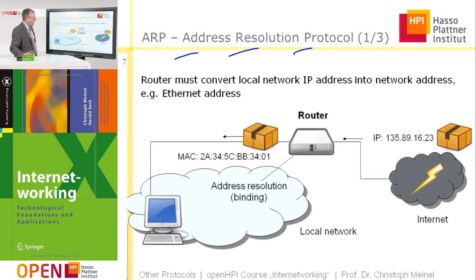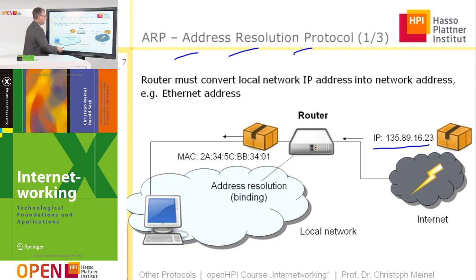So what the ARP protocol is doing here: from the Internet, a packet is received at the router with an IP address 135.89.16.23. And the router recognizes, okay, that is a local network, so the packet has to be handed over to a host inside this network.